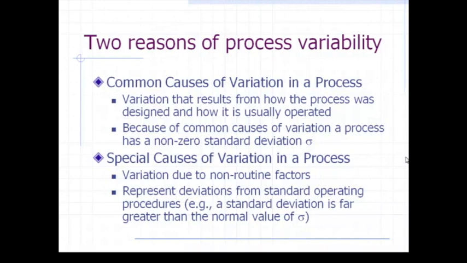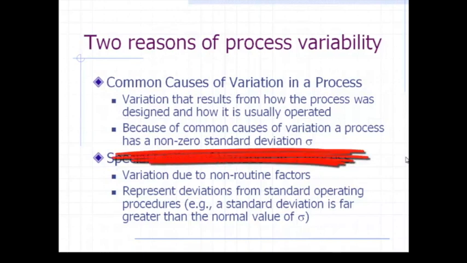For example, for the depth of a desk, the average is 2 centimeters, but it could be 2.1, it could be 1.9 centimeters. However, if we can predict this variation, we call it common causes of variation. Because of common causes of variation, a process has a non-zero standard deviation, sigma.